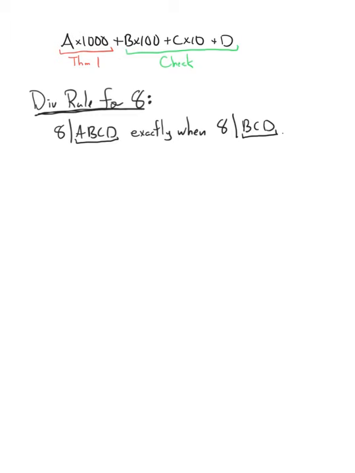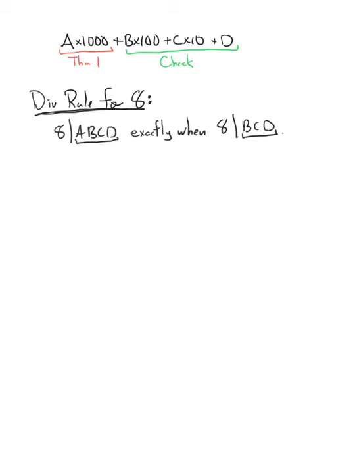But the difference is, well, the only one of these terms that's guaranteed to be divisible by 8 is this guy, because 8 is a factor of 1,000. 8 times 125 is 1,000. 8 isn't a factor of 100, so we don't know if 8 is a factor of this number. Same with 10, same with the ones digit.